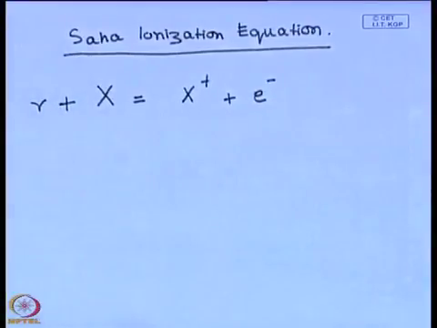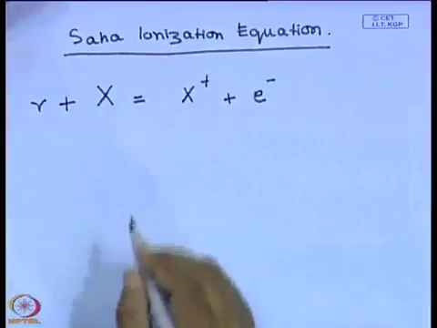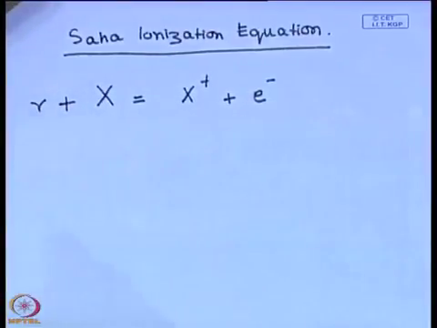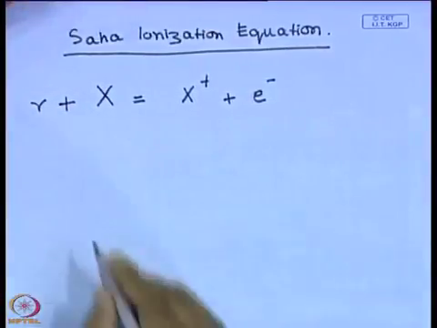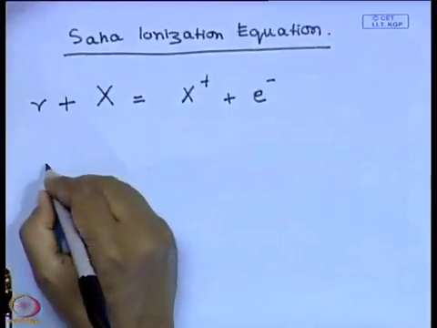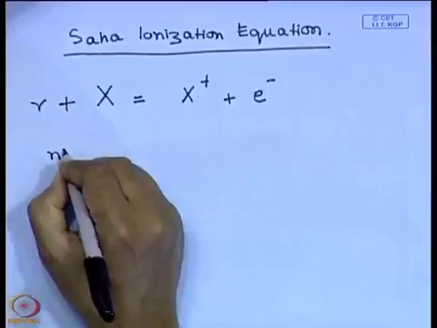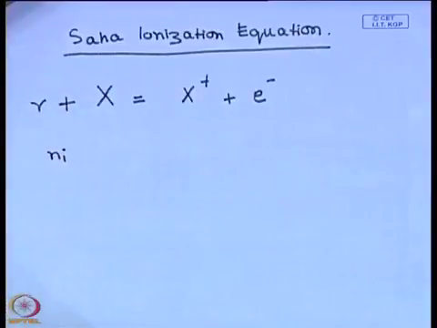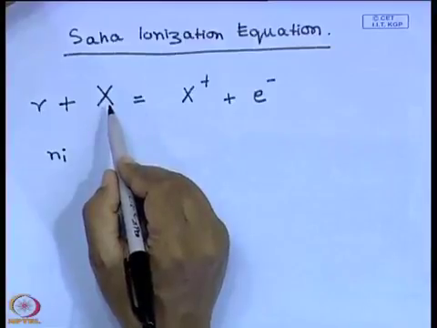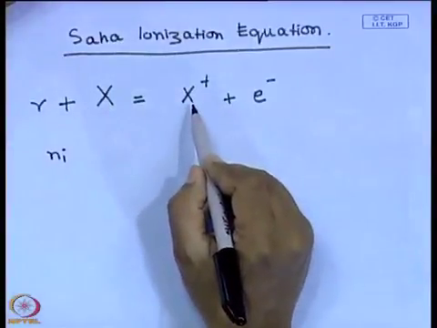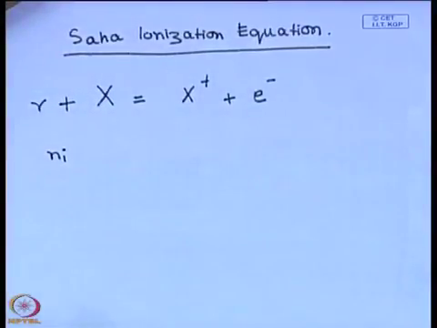Okay. So, we know that at sufficiently high temperatures, in thermal equilibrium, the number density of any species n_i, where i here could refer to the atom X or the ion X plus or the electron, not the photon.